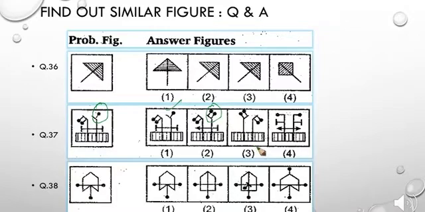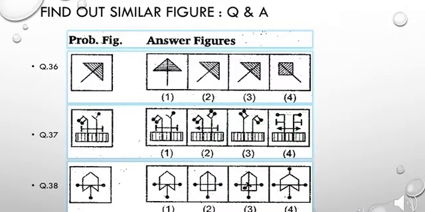Let's see option 3. In option 3, this shape is actually not the same here, and this is an additional shape they have given, so this cannot be the answer. In option number 4, we see that the shape is entirely different, so this cannot be the answer. So what we are left with is only option 1, and that is the confirmed answer for question number 37.